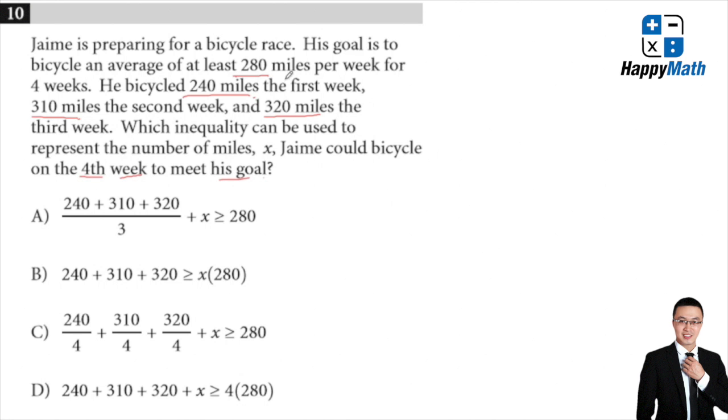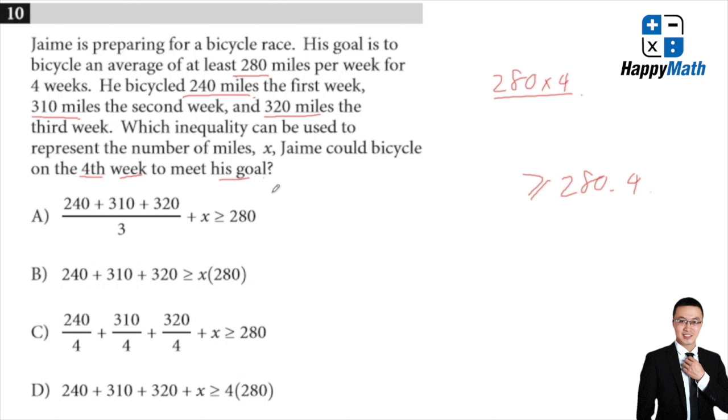Because his goal is at least 280 per week for 4 weeks, the total miles he has to reach is 280 times 4. And because it is at least, the total has to be greater than or equal to that.